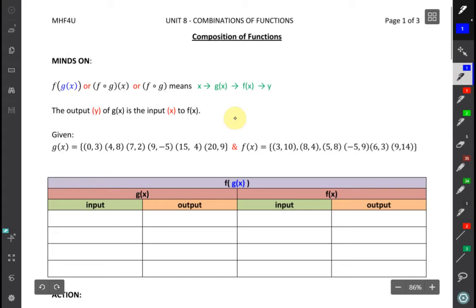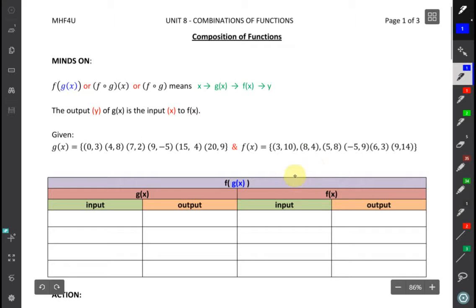Now, to get you thinking about this process, what I'd like you to do is two things. One would be to stop the video, and in these two functions here, where g at x is the input to f at x, to find where these connect.